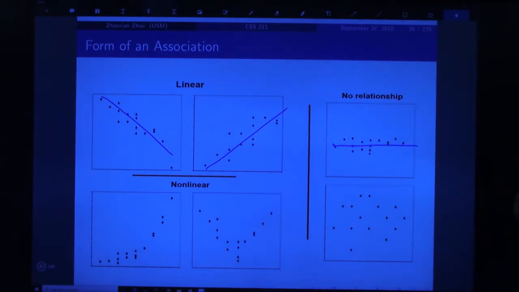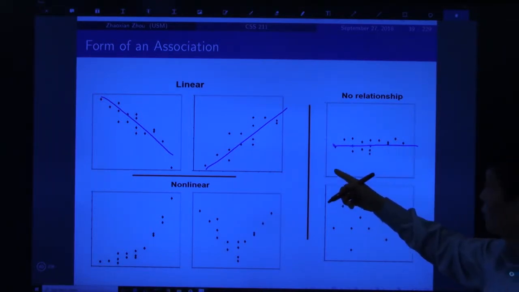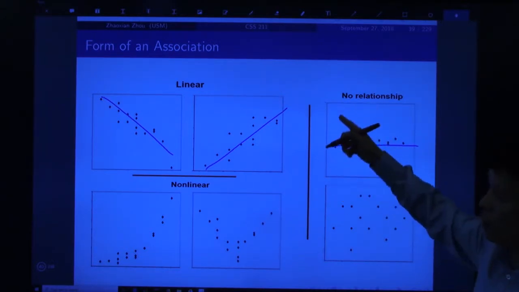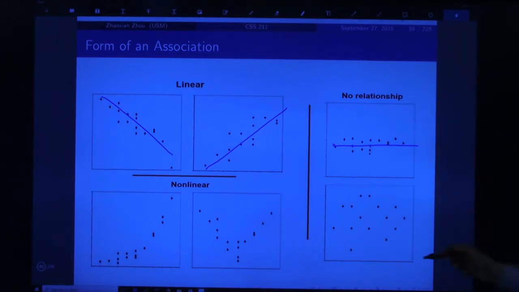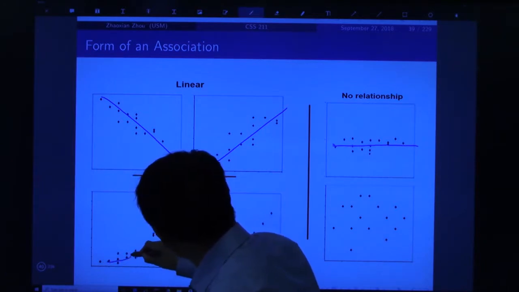The reason is, even though the line is straight, no matter how x changes, increases or decreases, this value does not change at all. So that means there's no relationship. And for this, the curve can be like this.